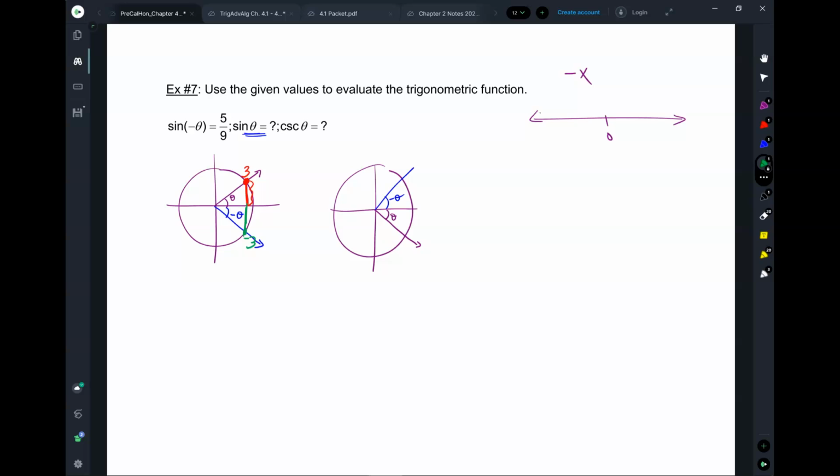So, moral of the story is, when the angle changes between the positive and the negative, the direction that you have to go vertically also changes between the positive and the negative. So, if sine of negative theta is 5 over 9, what's sine of positive theta? -5 over 9.